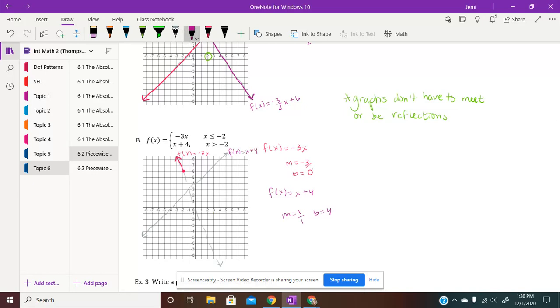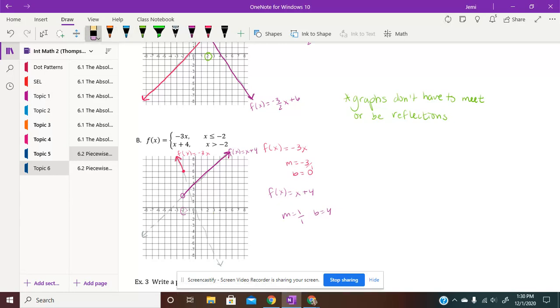This condition happens when x is greater than -2. So I'm going to go to where x is -2, go up, meet the graph, and then trace the part that I need.